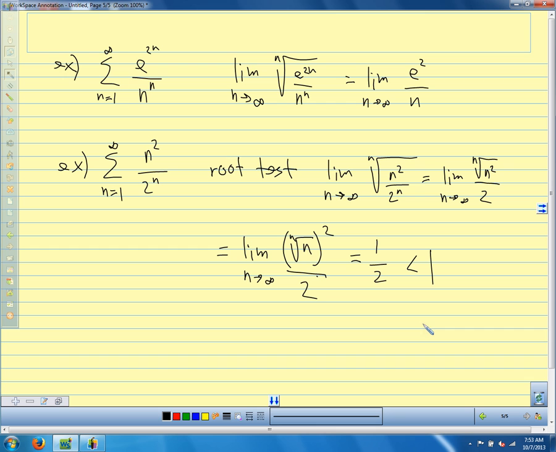So this converges. So the root test can be helpful when you have nth powers in your terms. Questions?